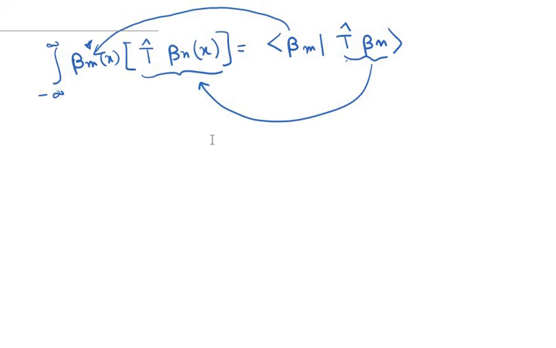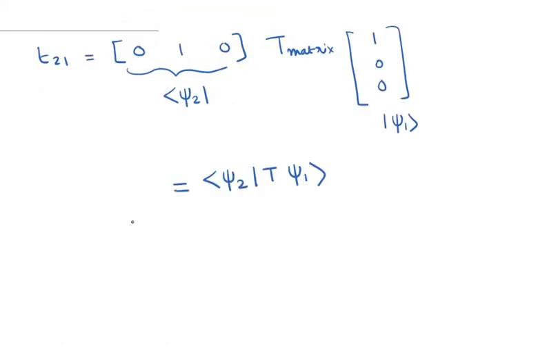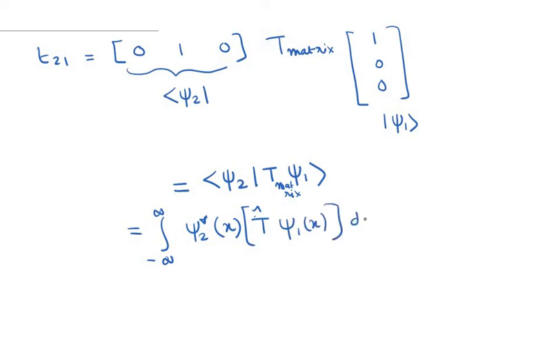So from this notation we can write this readily as the integral over all space of psi2 star x, T, so this is again the matrix representation actually, the T operator acting on psi1 x dx.